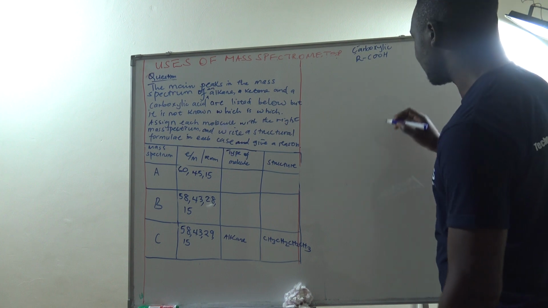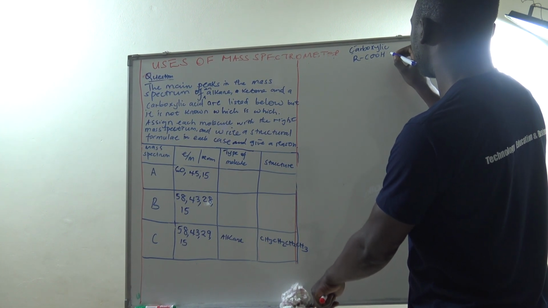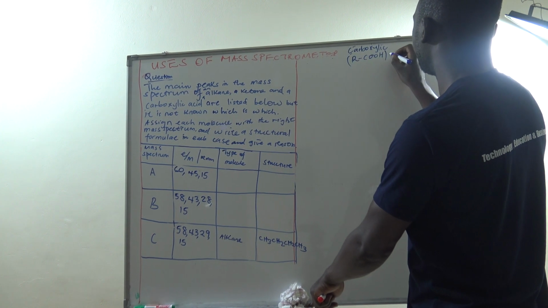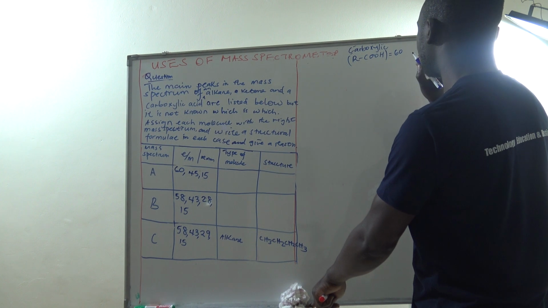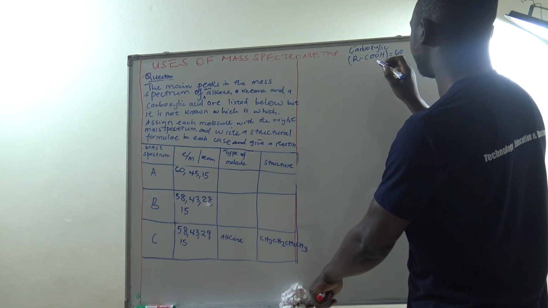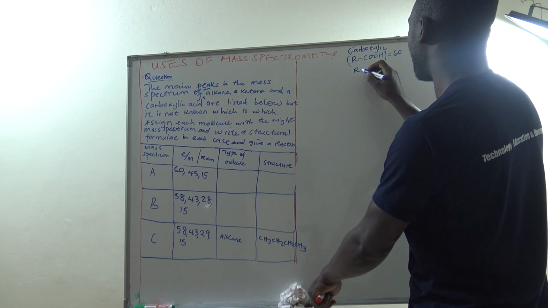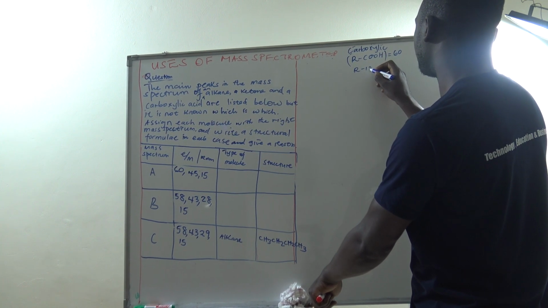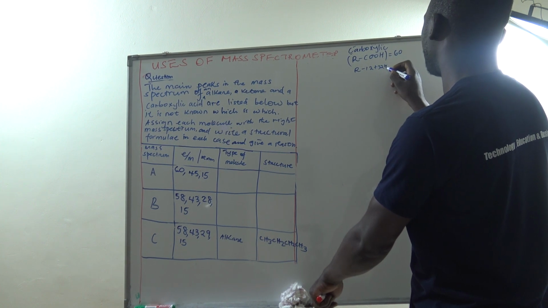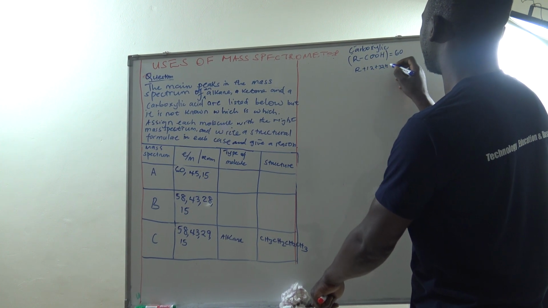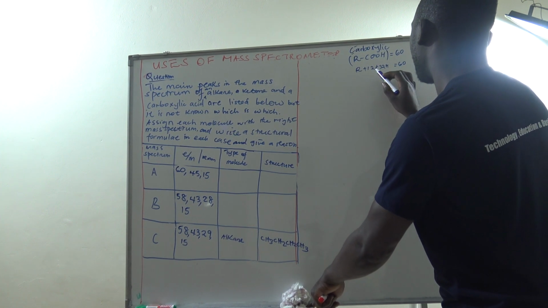Now, let us find out which carboxylic acid adds up to 60. For a carboxylic acid, this would be R plus 12 plus 32 plus 1 equaling 60. So what is the nature of R?